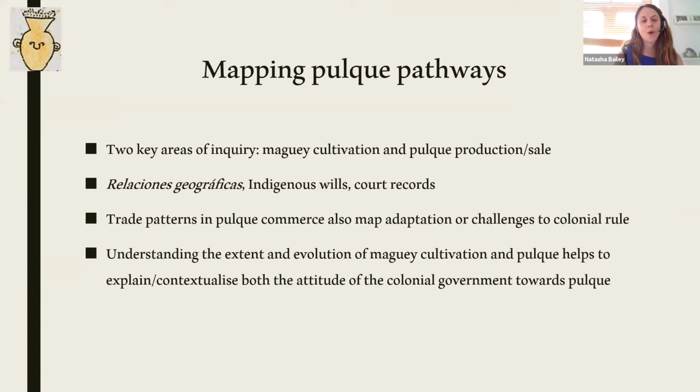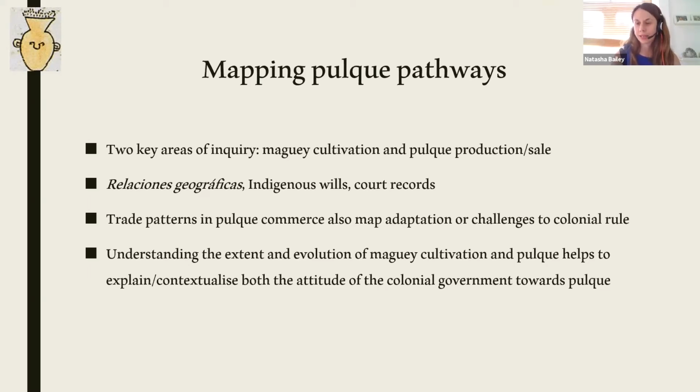And I guess the issue now is, why should we care about the geographical spread or how these trade networks functioned? It's because trade patterns in pulque commerce also map to a great extent adaptation to how this business has to function under a colonial system, or ways in which participation in this trade actually challenges colonial rule.